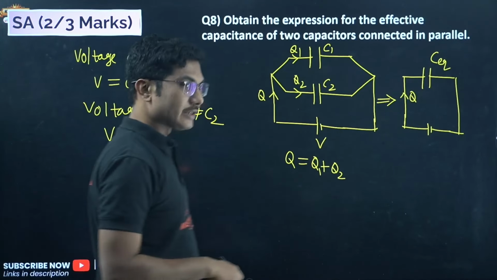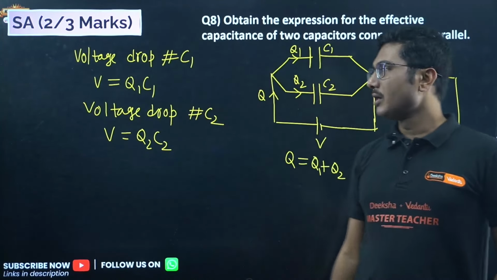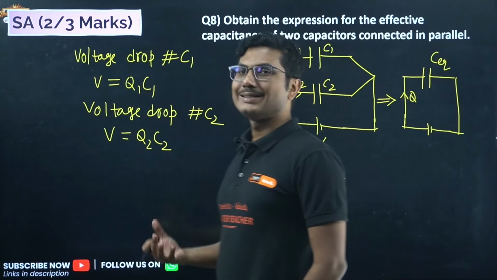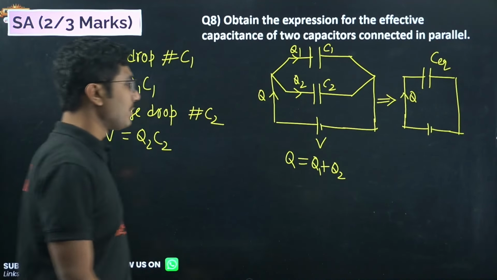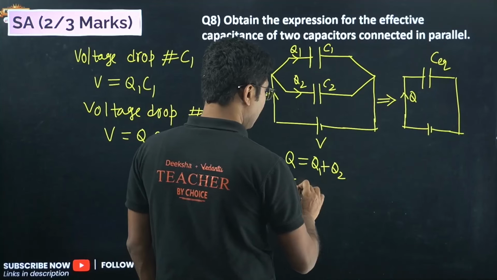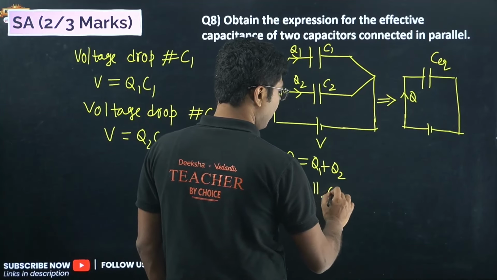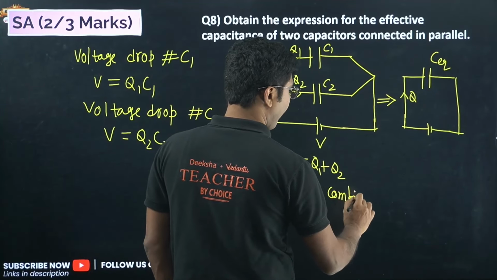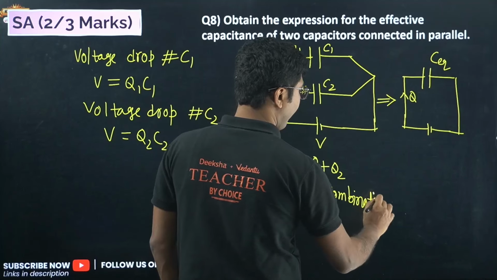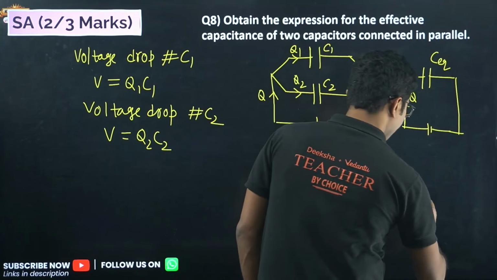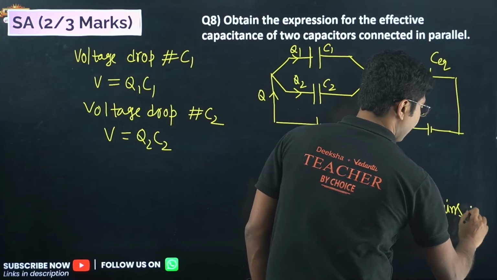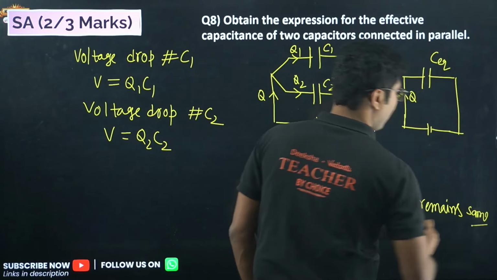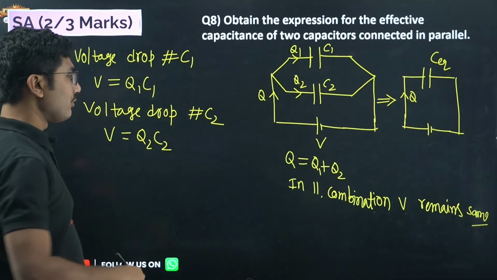Sir, you have made a mistake. You have written both of them as V. How is it so? That is the main part of this derivation. In parallel combination, voltage remains the same. That is the major point that you have to remember.